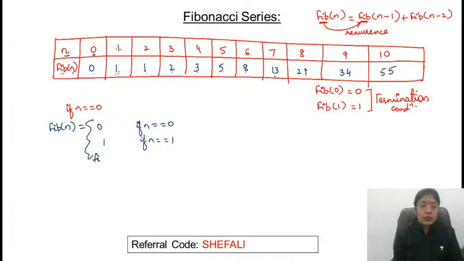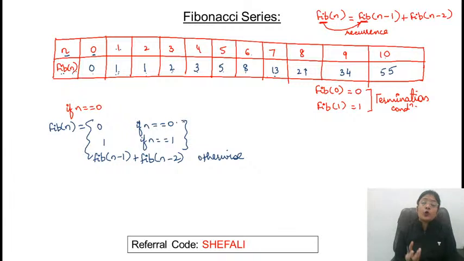Otherwise, it will be returning Fibonacci of n minus 1 plus Fibonacci of n minus 2. This is the otherwise case in which we have mentioned the recursive statement, and in the if part we need to mention the termination conditions. How will you write the C program? Whenever you are writing a recursive program, in the if part you need to mention the termination condition, and in the else part we have to write the recursive statement.